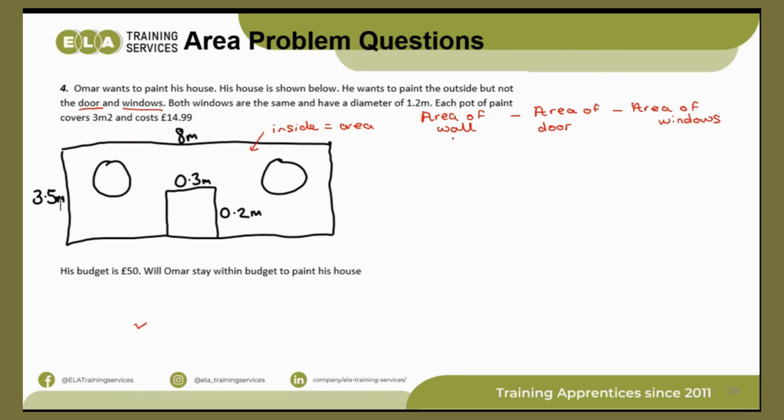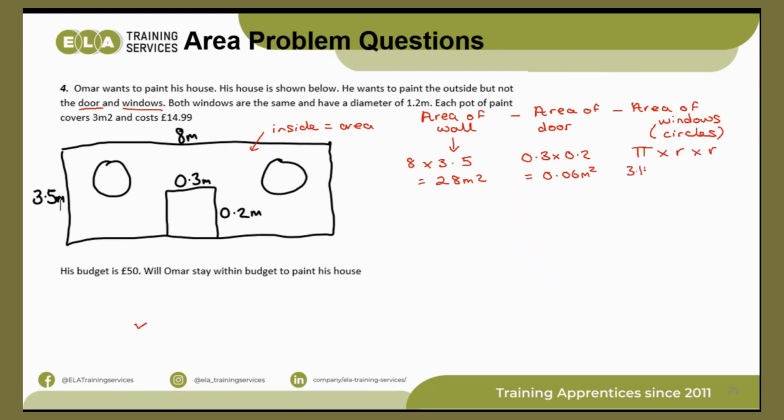So the area of the wall is 8 times 3.5, which is 28 meters squared. The area of the door is 0.3 times 0.2, which is 0.06. And everything seems quite simplistic so far. However, we're now dealing with the windows, which are circles. So we're going to have to remember our formula of pi times radius times radius.